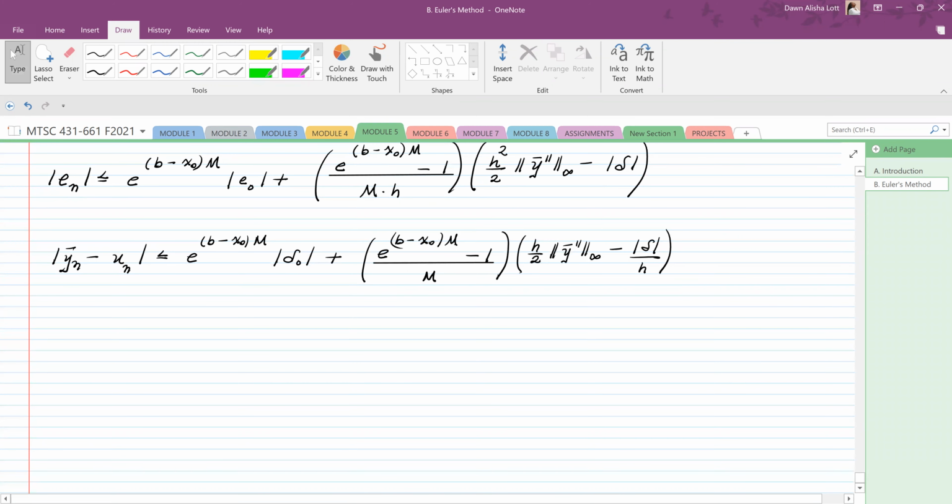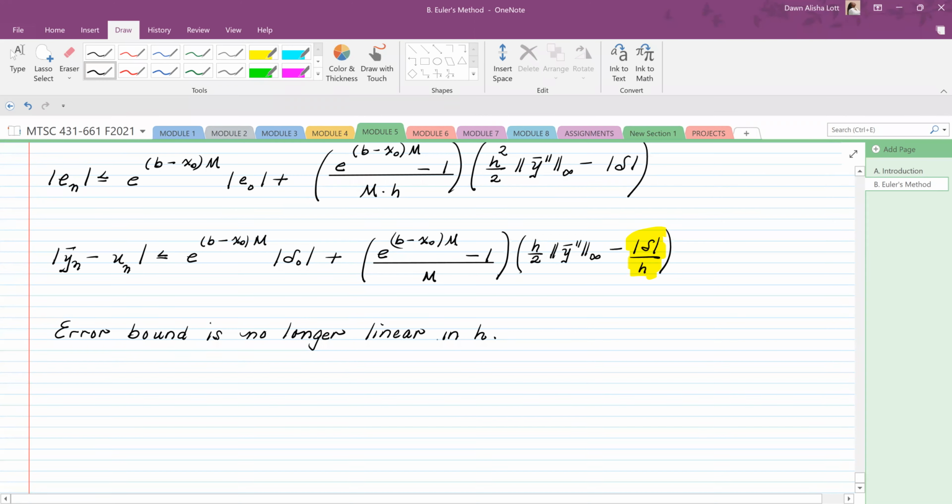Okay, now you should see there's a problem. So as you can see my problem here. First off, we see that our error bound is no longer linear in h.